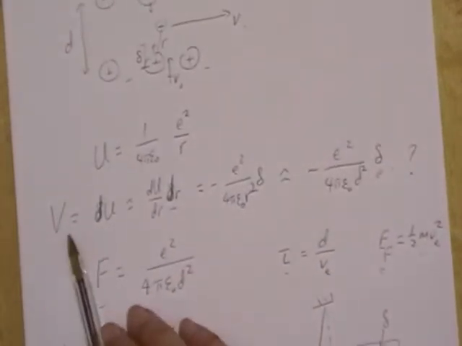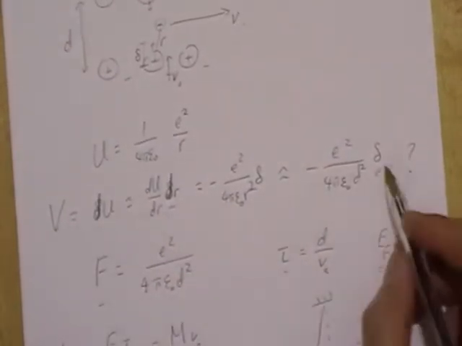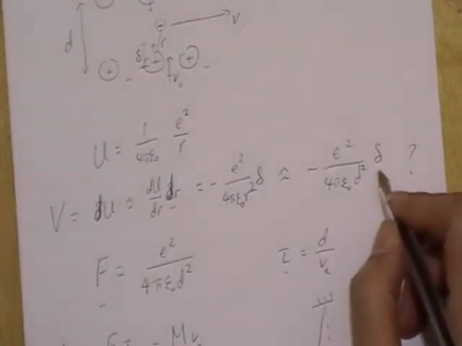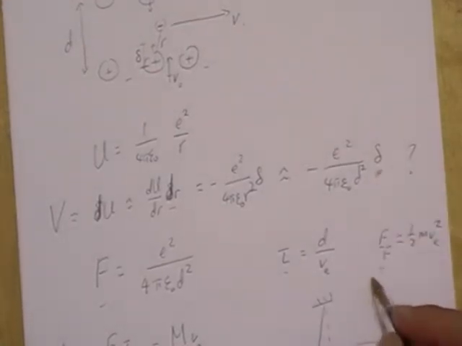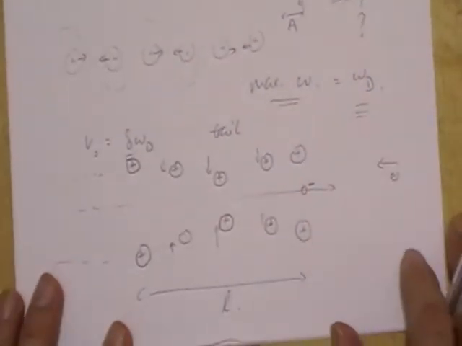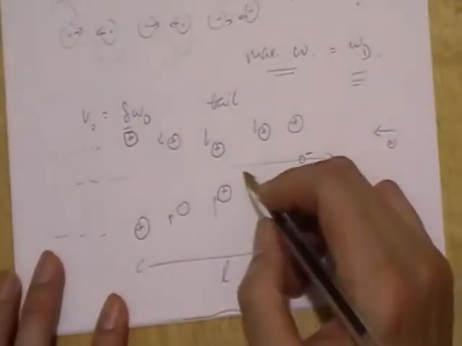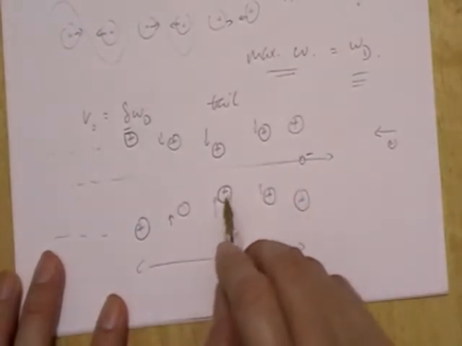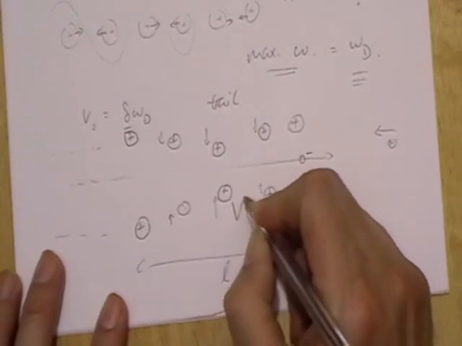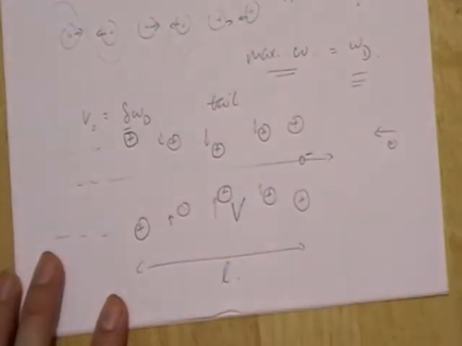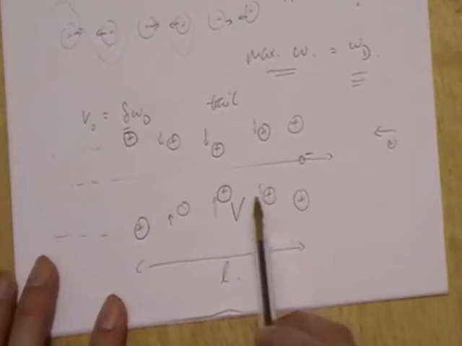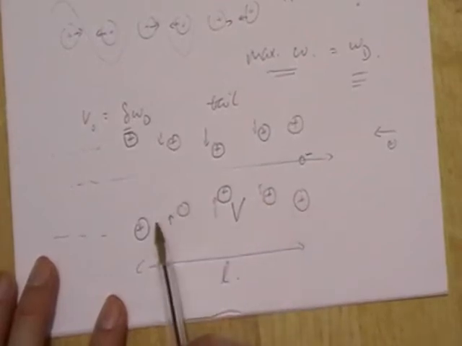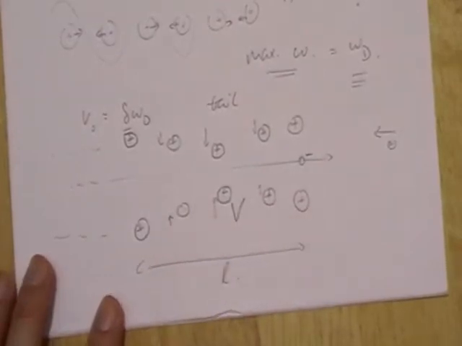If we look back at the potential expression that we saw here, the V there gives the potential at the maximum displacement. In other words, it gives the potential due to this ion that has been displaced by the biggest amount. For the other ions with smaller displacement, that would be a smaller V.